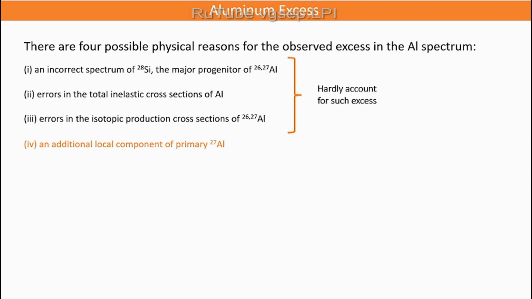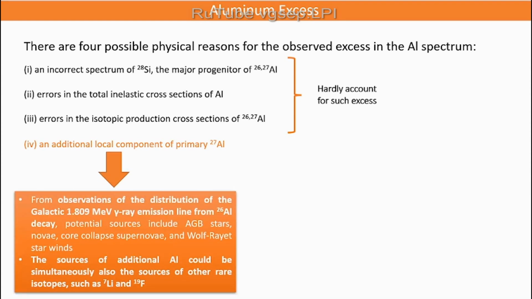And without entering into details, it's simple to show that the first three hardly account for such an excess, whereas we have candidates for the aluminum excess, for example, from observation of the distribution of the galactic 1.8 MeV gamma ray emission from the decay of the unstable isotope aluminum-26. We can identify some potential sources, again AGB stars, core-collapse supernovae, and Wolf-Rayet stars.